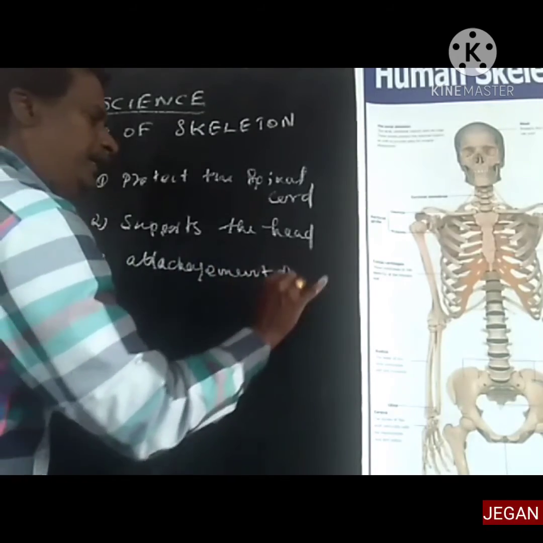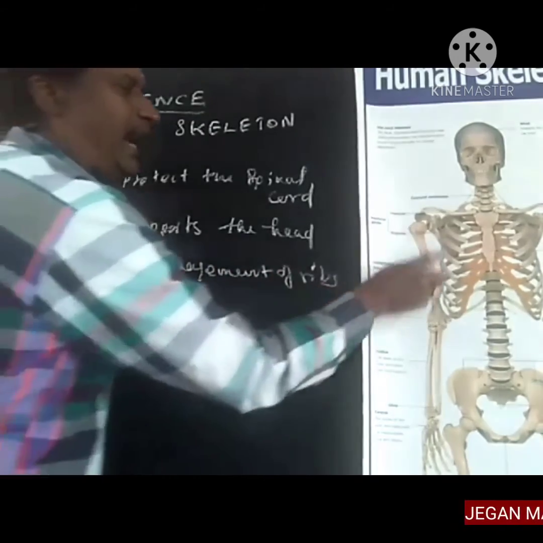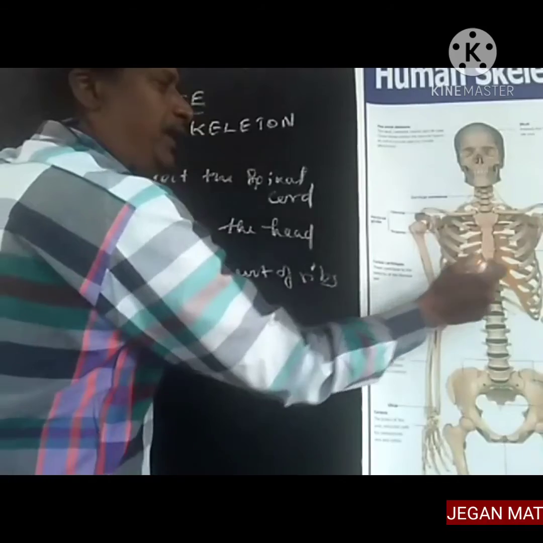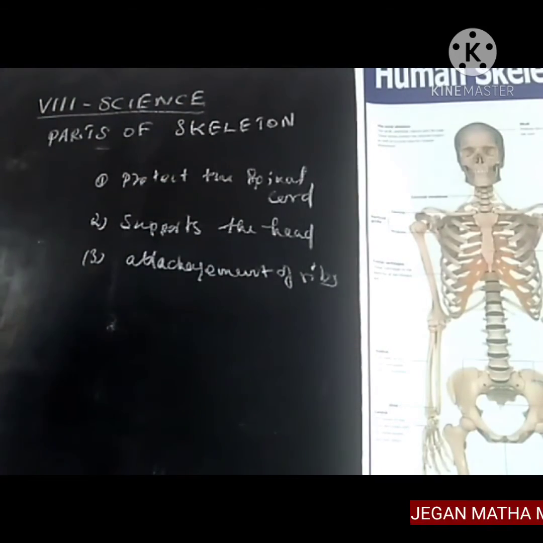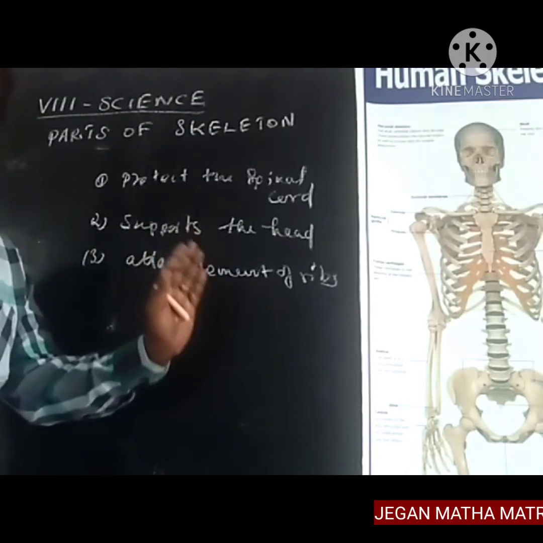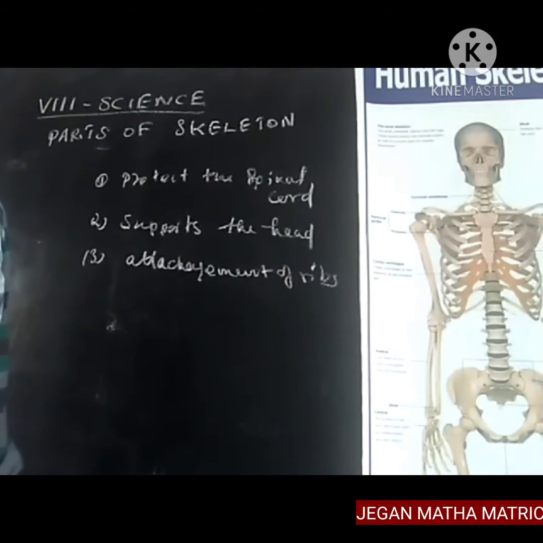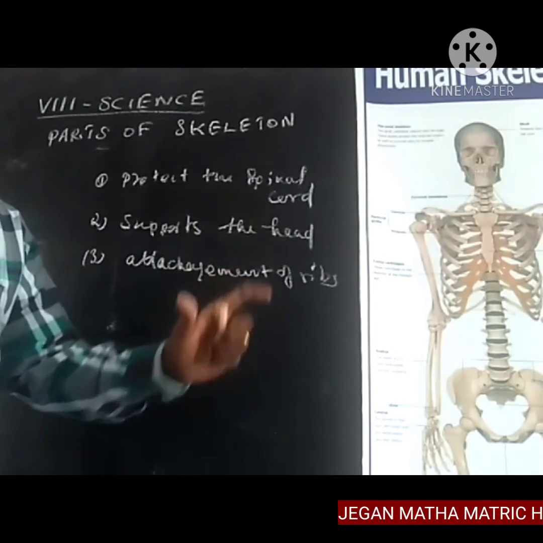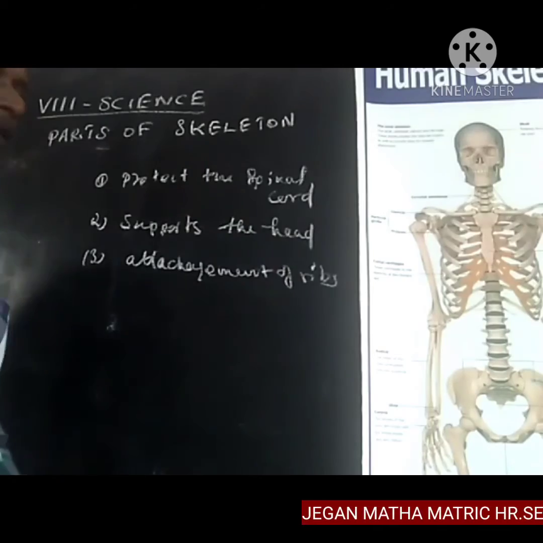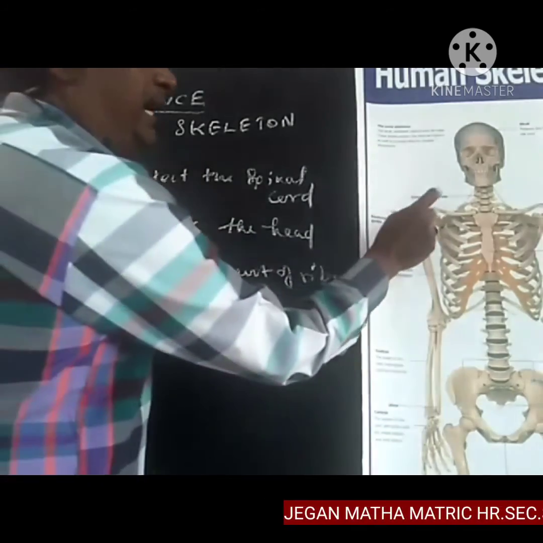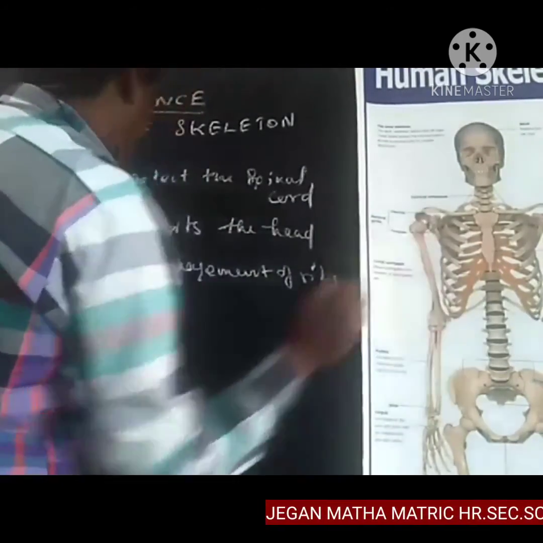The 12 pairs of ribs are attached to the vertebral column. This provides support and a place for the attachment of the pectoral and pelvic girdles.